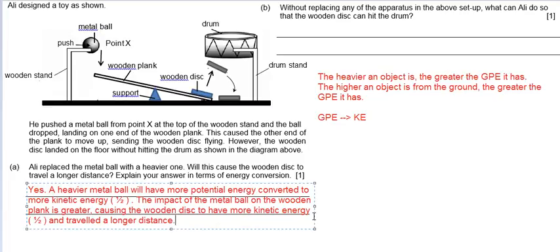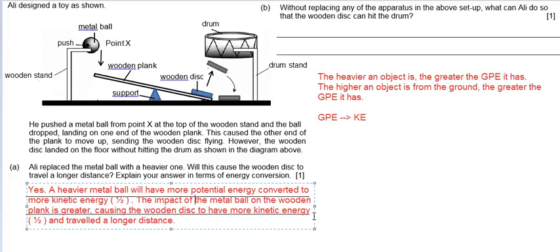The impact of the metal ball on the wooden plank, the downward force, will be greater because of the greater kinetic energy that was converted from the greater gravitational potential energy, causing the wooden disc to have more kinetic energy upwards, right? More upward kinetic energy, and therefore travel a longer distance.